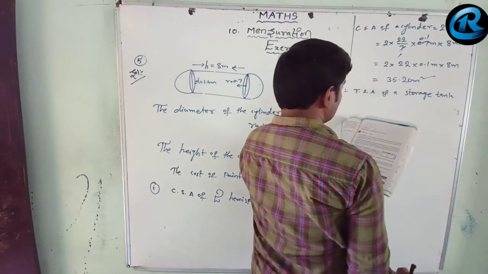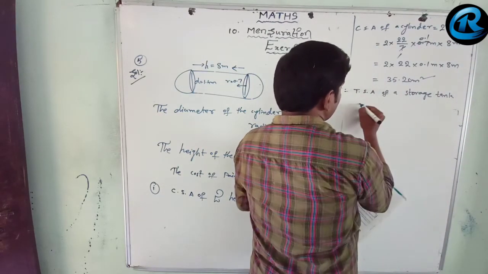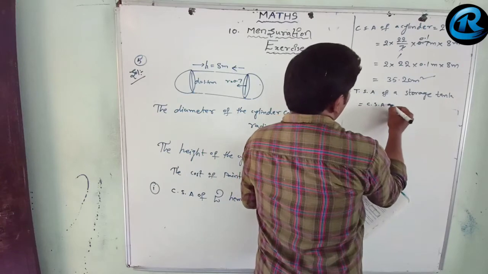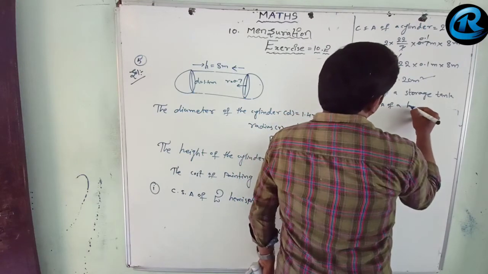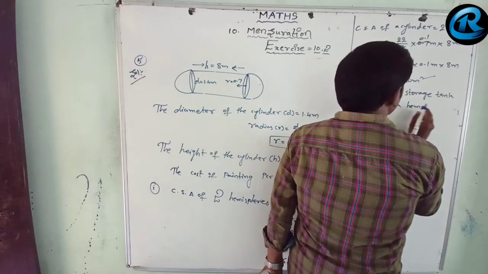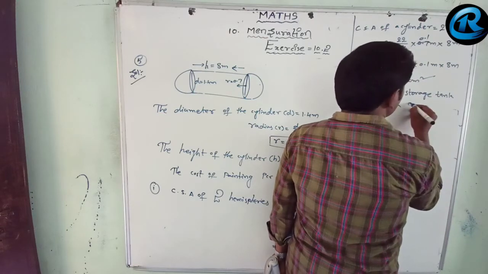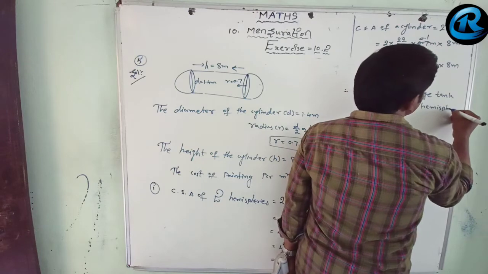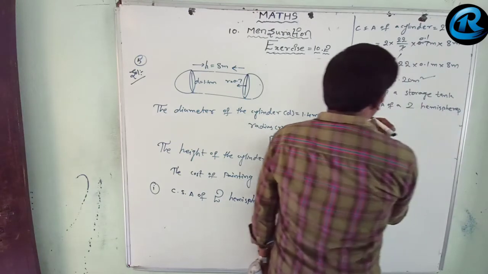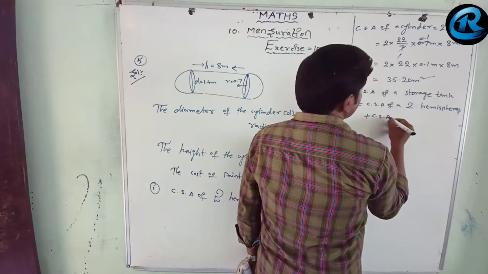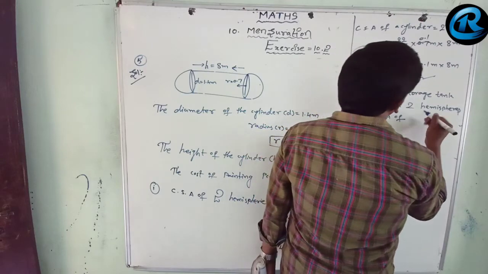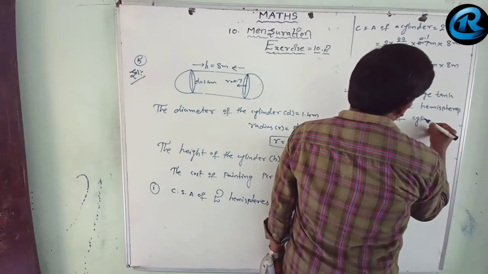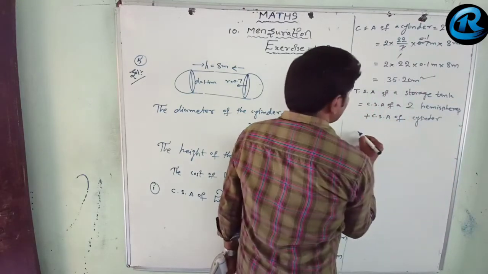Storage tank is equal to the curved surface area of two hemispheres plus the curved surface area of the cylinder.